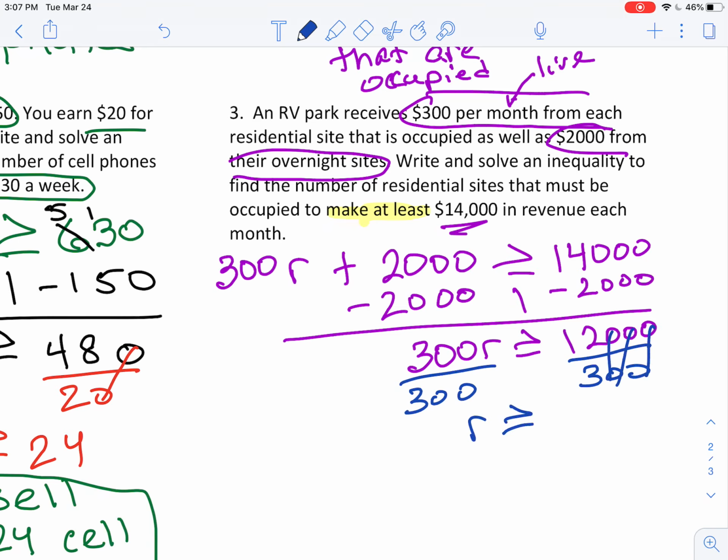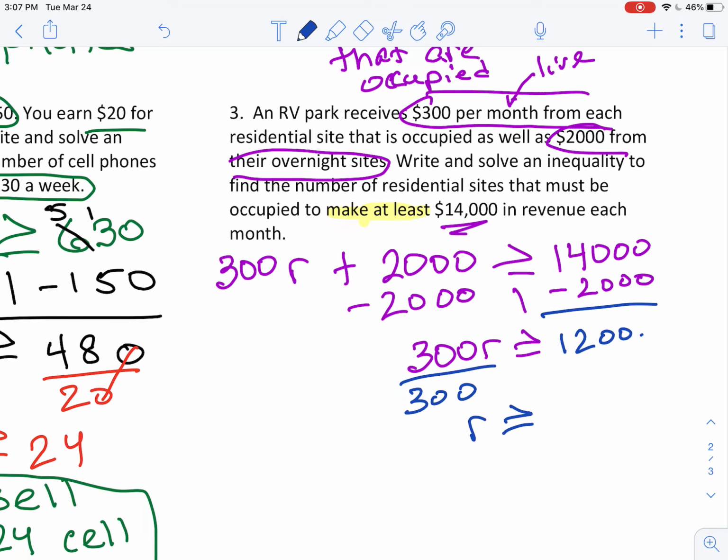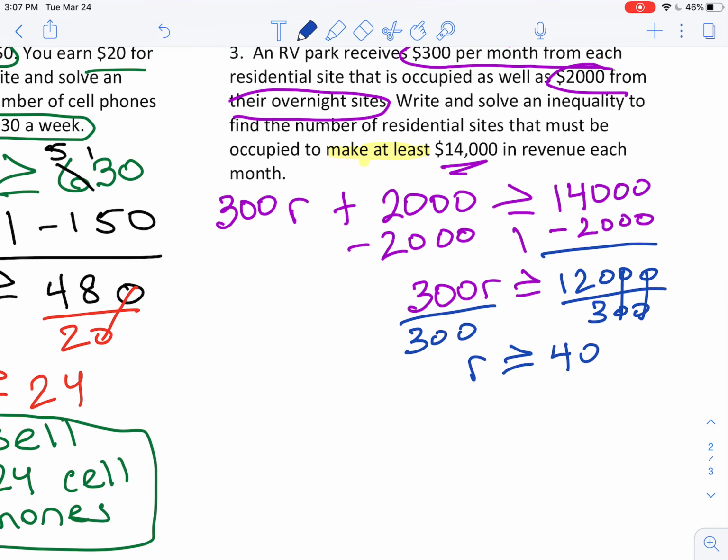We're dividing by a positive number, so the inequality sign does not change direction. And then we answer the question. The number of residential sites that must be occupied. So you can say 40 or more, at least 40.